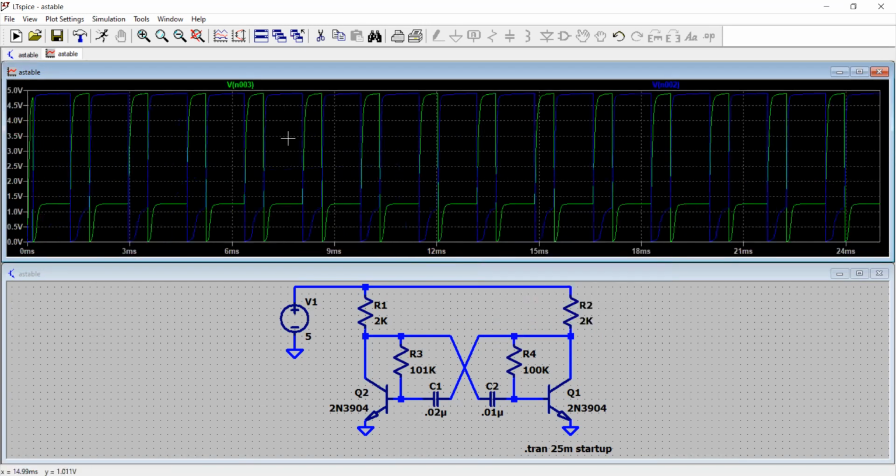Okay, so this is how you can do that. But now you will not have stable states, because one state has a different frequency and the other state has a different frequency. So that's how you can play around with changing the values and then simulate your circuit.